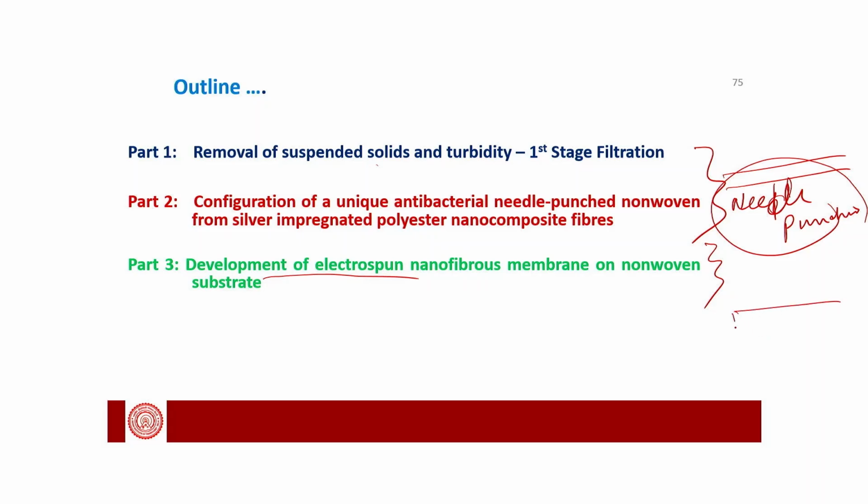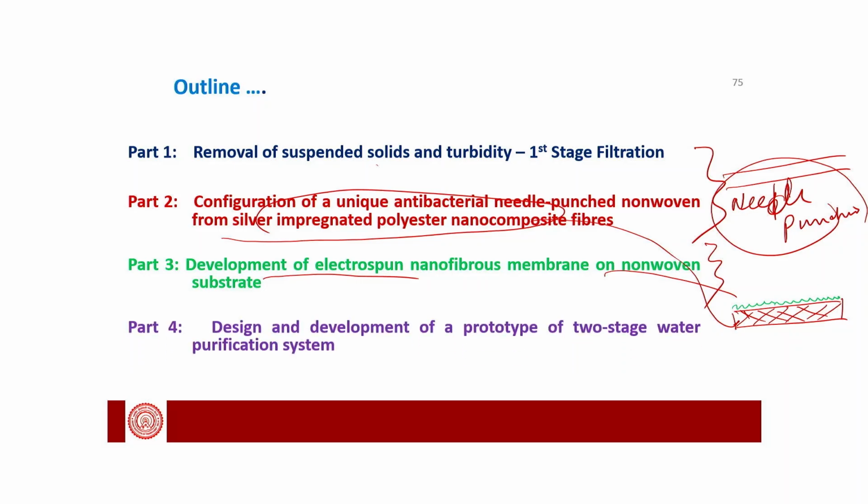So, this is the needle punched fabric. Needle punch fabric is with the nano silver impregnated fiber, and on that we have deposited the electrospun nanofiber on this substrate, and then we have developed one prototype for 2-stage purification system.